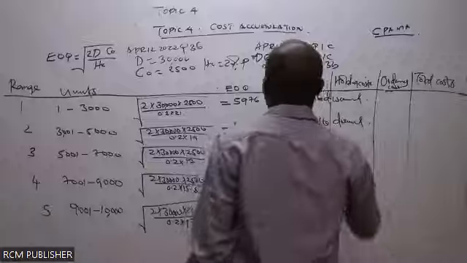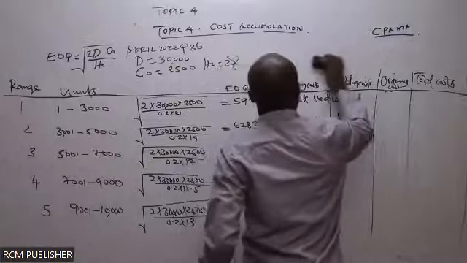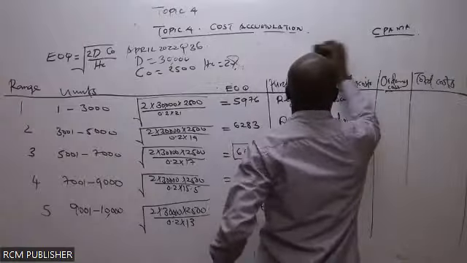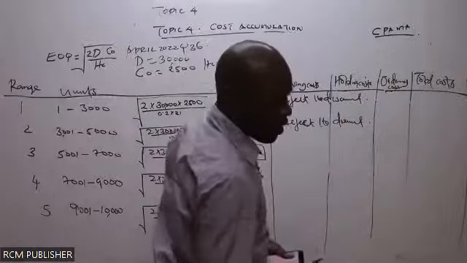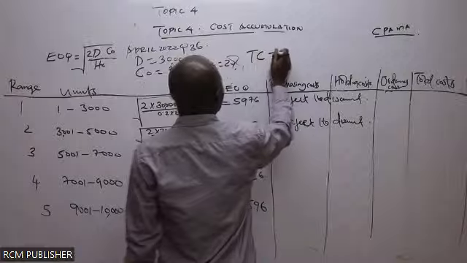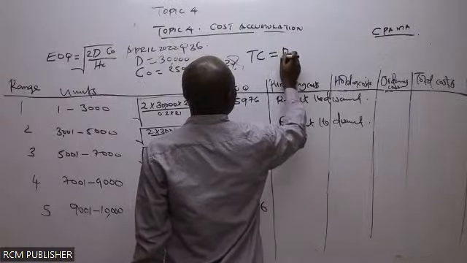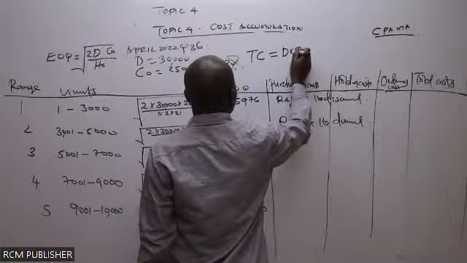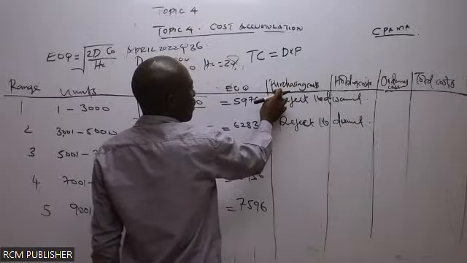Why am I saying that? Check our policy, check our formula of getting total costs. Total cost is equal to demand times purchase price, which will give us this.